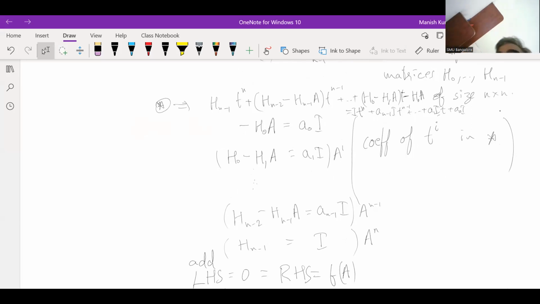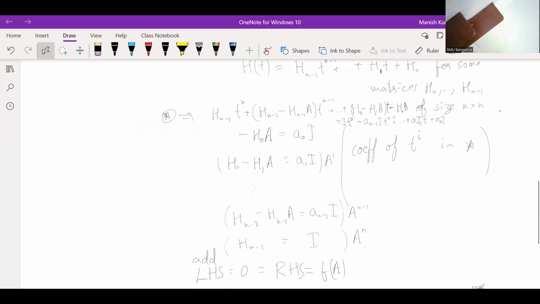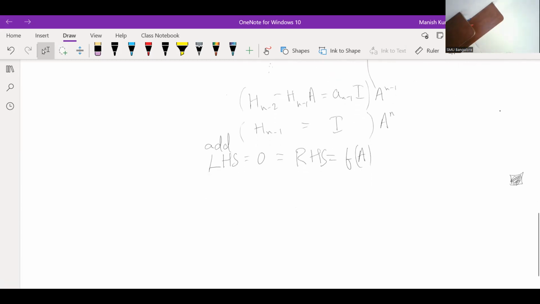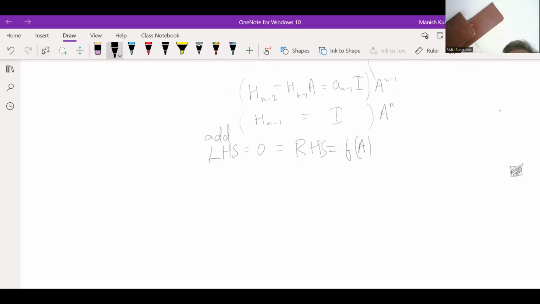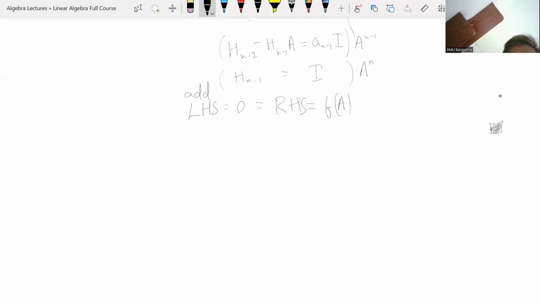Okay. So maybe we'll just define the minimal polynomial and we'll prove some properties next time. Since I promised the definition. So, definition.